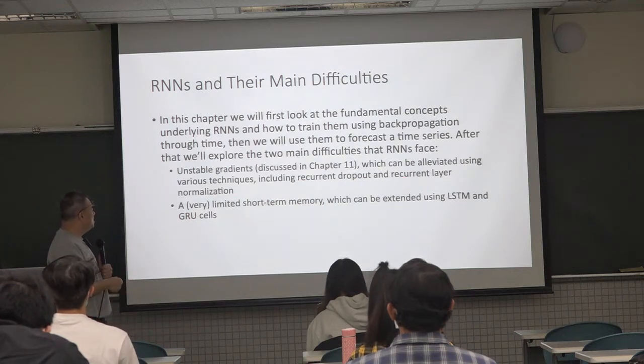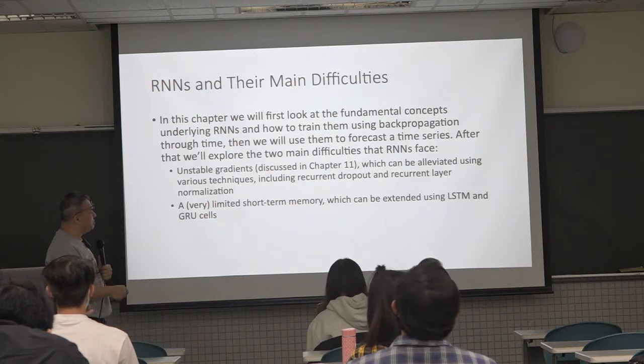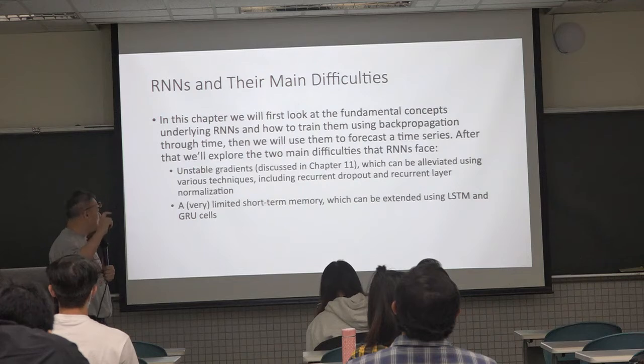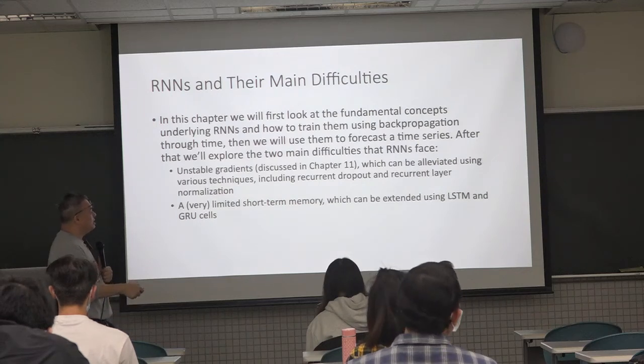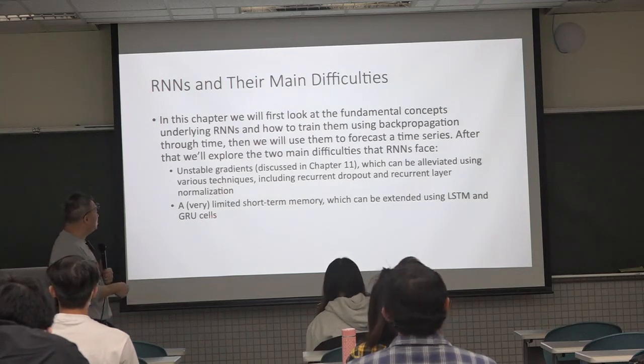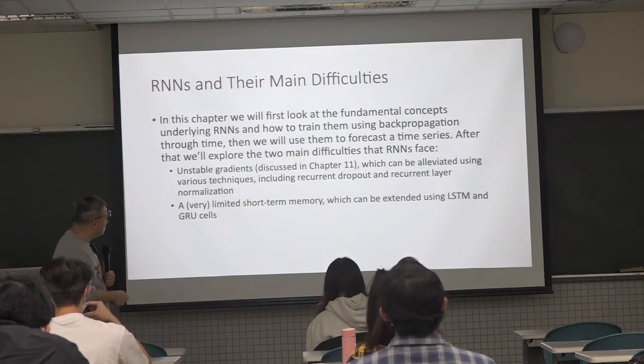The second difficulty is a very limited short-term memory, but that can be fixed by using LSTM and GRU cells. So what are LSTM or GRU cells? We are going to talk about them later.